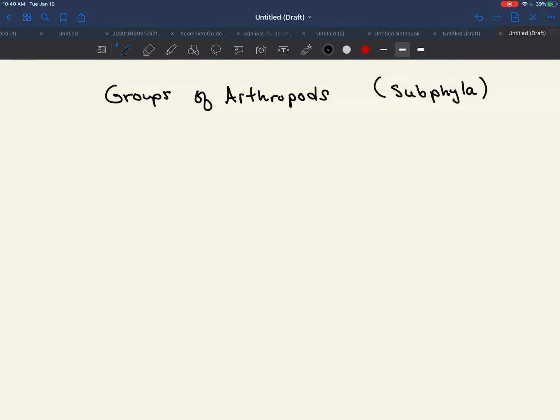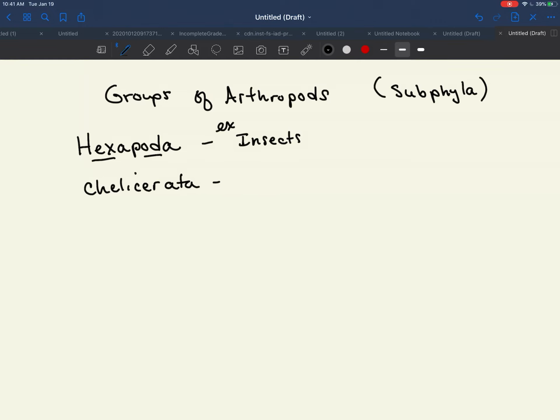We can talk about those that are Hexapoda, six-legged. What arthropods are six-legged? These are the insects, for example. Six-legged creatures. We can talk about the chelicerates or Chelicerata.